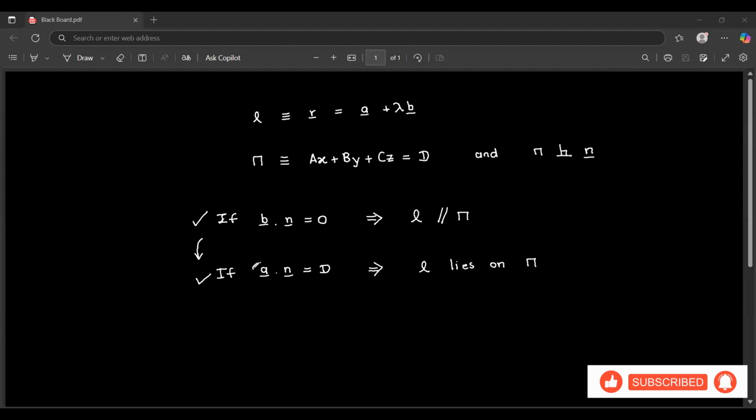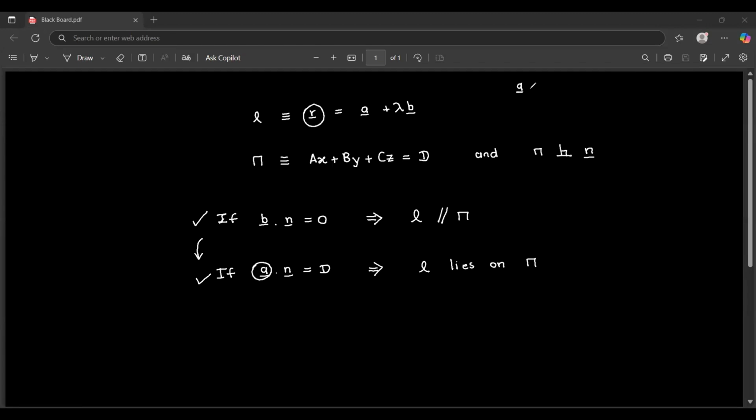It doesn't have to be a always. It can be any point on the given line. How you can understand this is, let's say a is given as a1, a2, a3, and b is given as b1, b2, b3. Then a·b1 + b·b2 + c·b3 = 0.